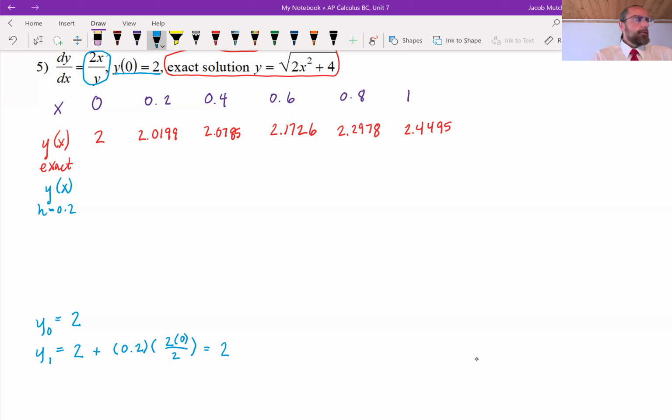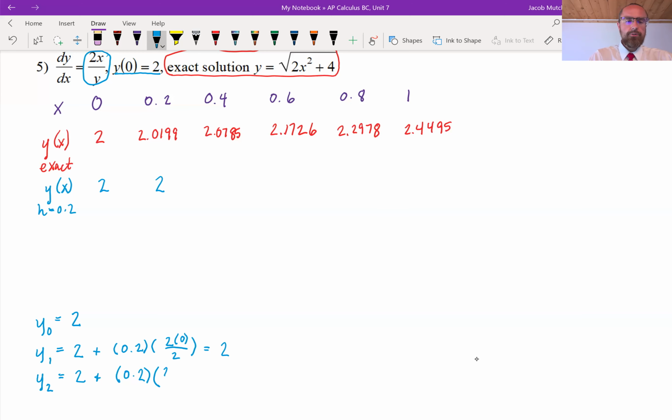So we can start to fill in. For this approximation, our first two values are 2. Let's set up for our y sub 2 and so forth, and then just like we did with our first example, we'll transition to Desmos to keep calculating. Again, I'm going to define this recursively. So y sub 2 equals y sub 1, which we just found was 2, plus the step value, which for us now is 0.2, times the differential equation evaluated at x sub 1, y sub 1.